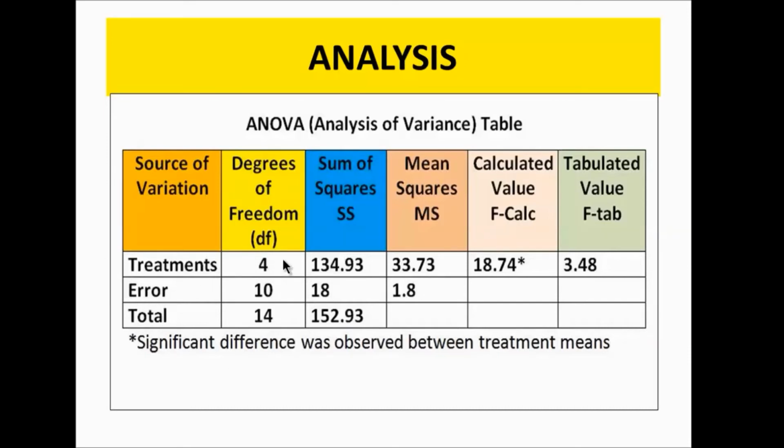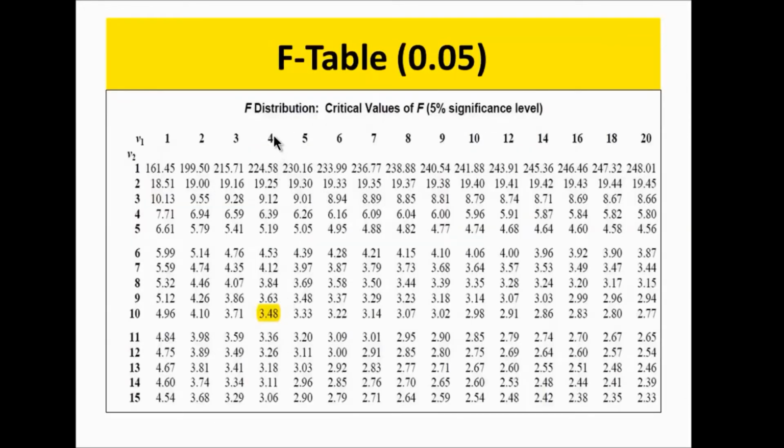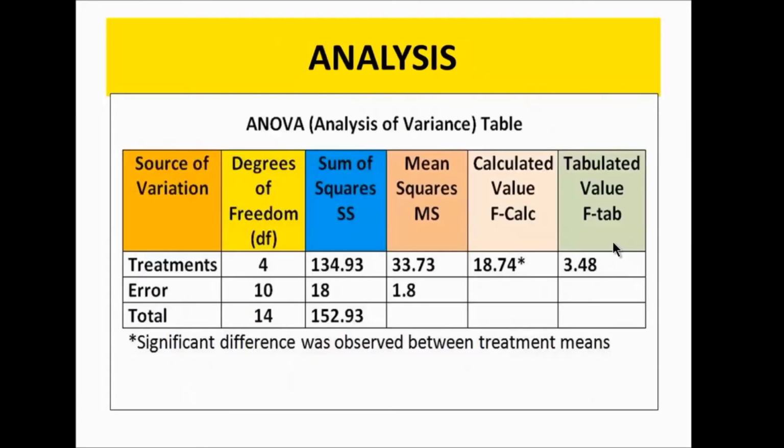So we have to look for the numerator 4 and denominator 10 in the table. The intersection of the degrees of freedom of the treatment and the degrees of freedom of the error is 3.48. That's why we have here the tabulated value of 3.48.